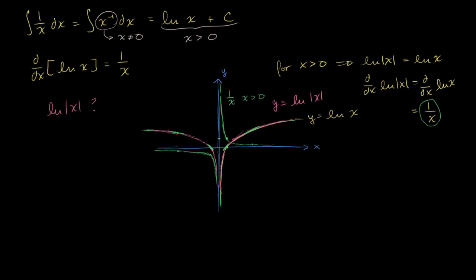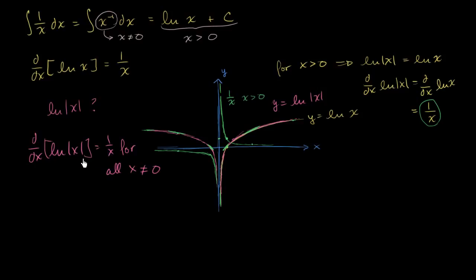So, hopefully you can visualize that the derivative of the natural log of the absolute value of x is indeed equal to 1 over x for all x does not equal 0. This is a much more satisfying antiderivative for 1 over x.